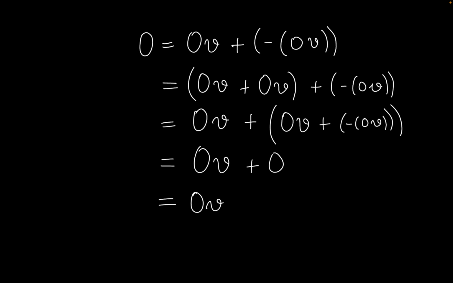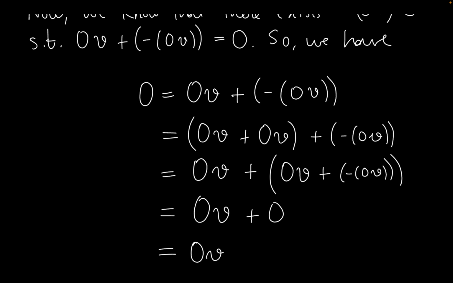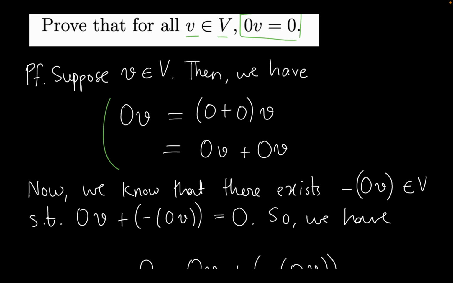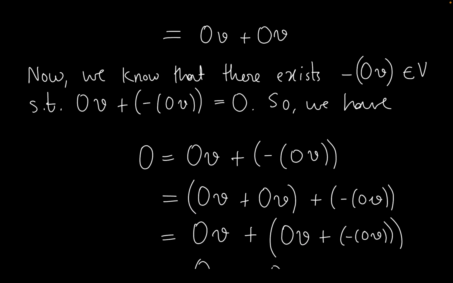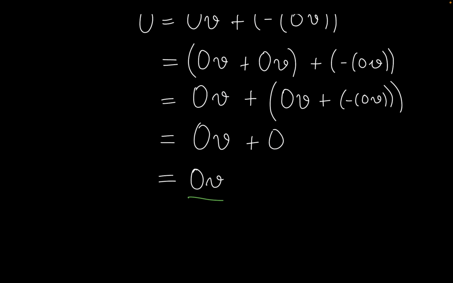If you now notice carefully, we started with 0 and through a chain of equalities, we ended up at 0v. In fact, if you really notice above, this is exactly the thing that we wanted to prove. We started from the RHS, used a property that we figured out on the way, or a hypothesis you could say, and used that along with other known properties and axioms of vector spaces to arrive at the left hand side.